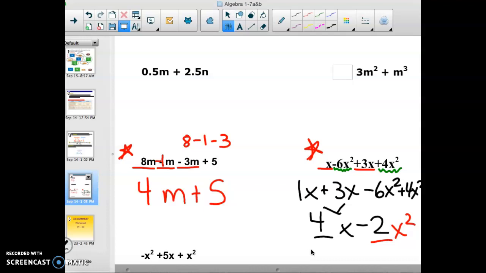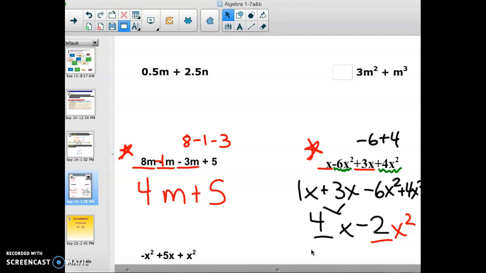No. Those are different piles. One is x and one is x squared. Again, you need to take the sign that's out in front with it. So if you are punching things into your calculator, don't forget the sign out in front. -6 plus 4.